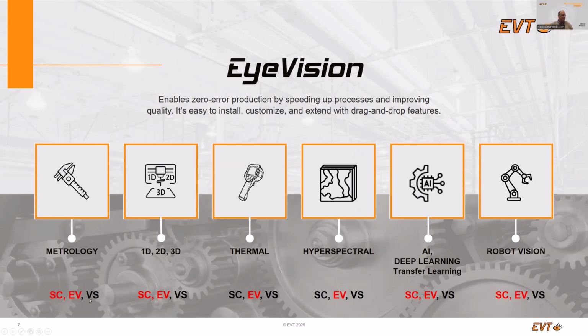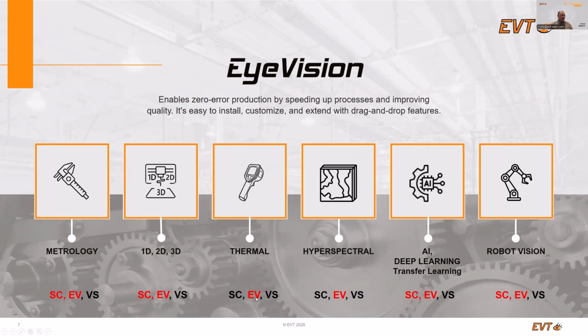Of course, you can use any other vision system for that. But today we mainly want to focus on smart cameras and embedded vision systems. And the same is for 1D, 2D, 3D. In most cases, you can use a smart camera or embedded vision system.